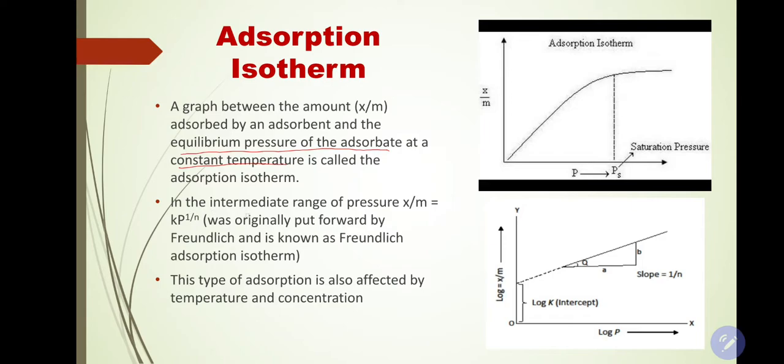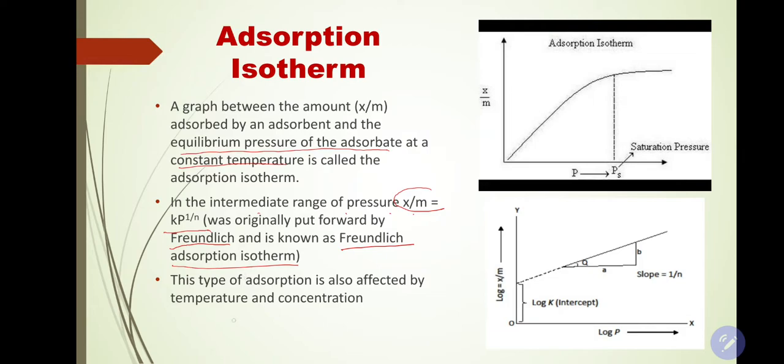In the intermediate range of pressure, x upon m is equal to what? It is equal to k into p to the power 1/n, which was originally put forward by none other than Freundlich. So this adsorption isotherm is known as the Freundlich isotherm.